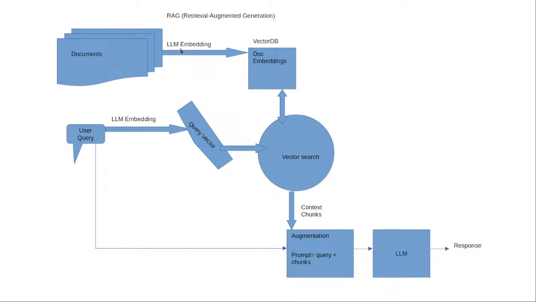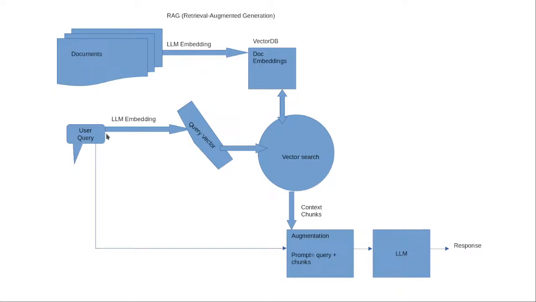For converting this text into embeddings, we can use different kinds of embedding models. Even OpenAI is providing an embedding model API, so we can use that also. But if we use embedding models from OpenAI or any cloud provider, we have to pay for that, and it's not a one-time payment.